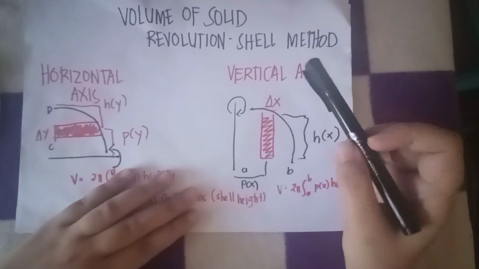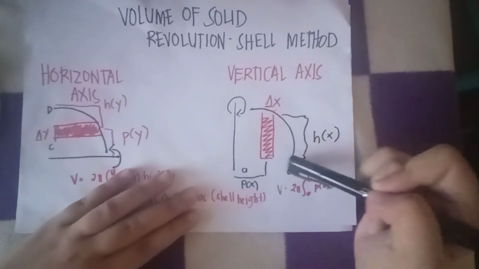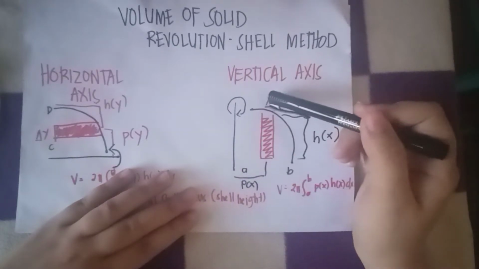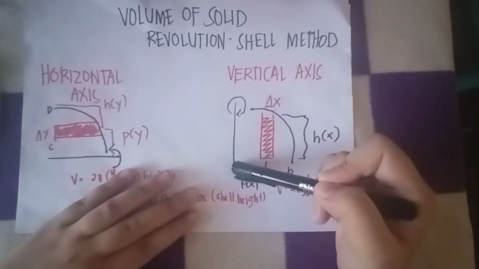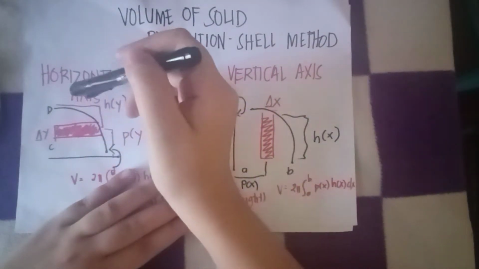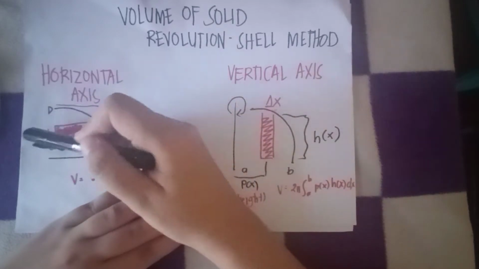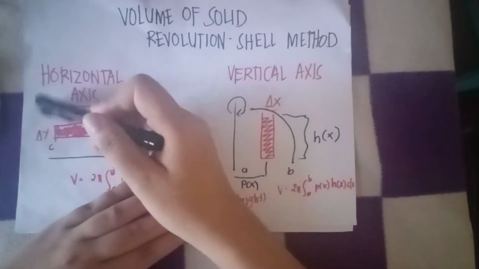Ang ating limits of integration po kapag vertical axis of revolution is from a to b. Dahil in terms of x po yan, yung ating limits of integration ay sa x-axis tayo titingin. Sa horizontal axis of revolution, dahil delta y po yan, ibig sabihin sa y-axis po tayo titingin.